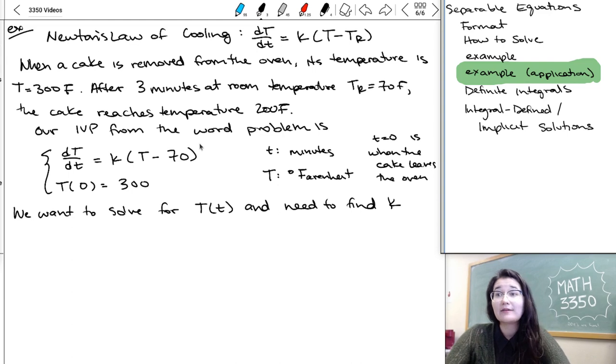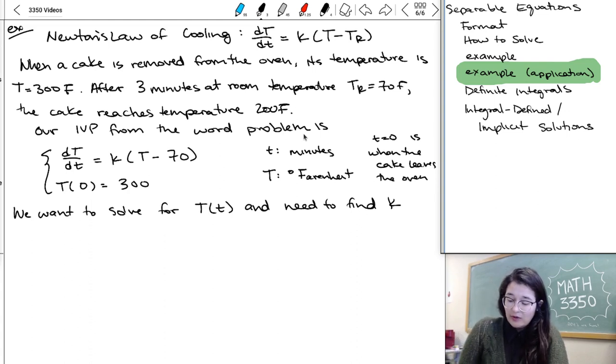Because right now, I don't know what k is, but I have some extra numbers I haven't used yet. I know that after 3 minutes, the cake's temperature is 200 degrees, so somehow I should be able to apply that to find k. But first, we're going to have to go ahead and solve our initial value problem using the separable equation method.